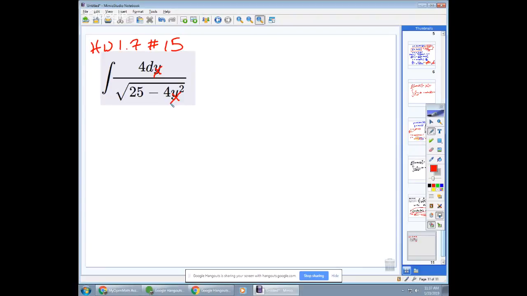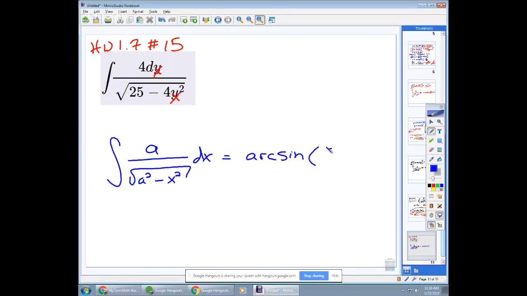Okay, so the arcsine formula, if you look it up, the antiderivative of 1 over the square root of a squared minus x squared dx is equal to the arcsine of x over a. That's the general formula. I'm 90% sure that's correct.